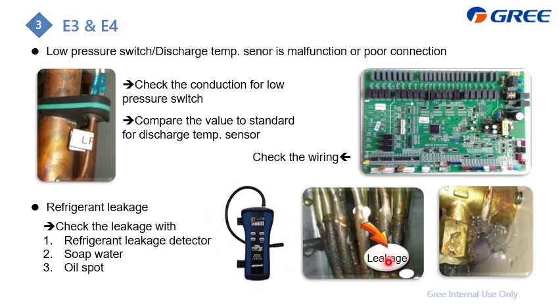As you know, the refrigerant and the oil are mixed together, and if there's some leakage, the refrigerant will become gas and flow out, but the oil always remains, which means on site, if you see oil on the surface of the tube and also on the surface of the chiller, you can confirm that there's a leakage. And also you can use soapy water to check it.